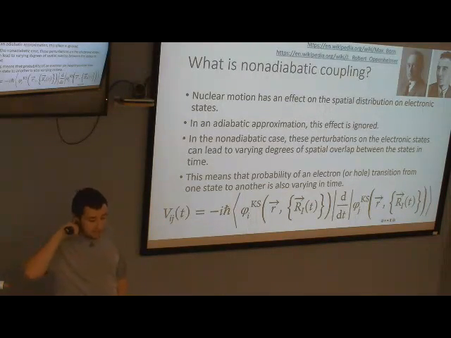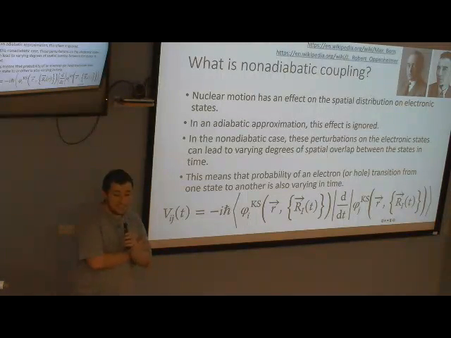Non-adiabatic coupling is an equation in which we take into consideration the movement of electrons. There's a certain level of degeneracy that is always found in each energy state and energy level.